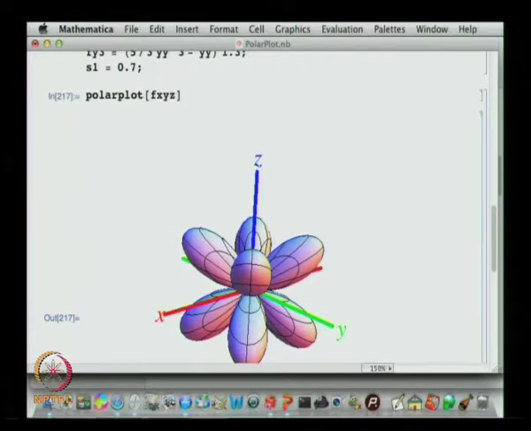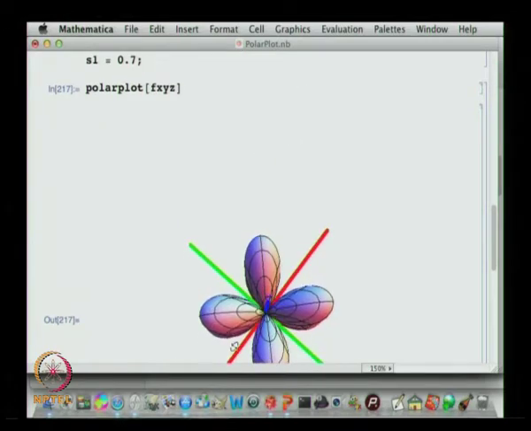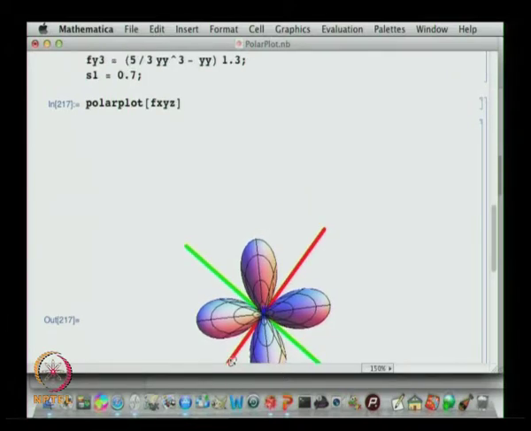I mean, if you are not convinced, actually I can rotate it in any direction I like. See, for example, here I am looking down along the z axis. If you are just looking down along the z axis, there are actually 8 lobes for this orbital, and 4 lobes are sitting on top of the other 4 lobes, and therefore you can see only 4 lobes essentially.